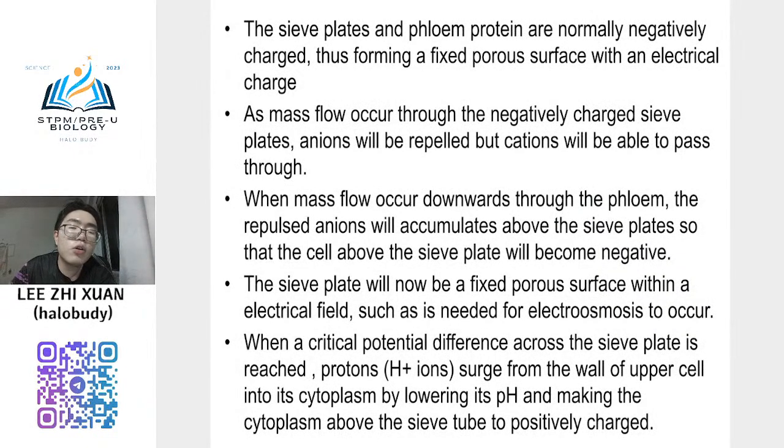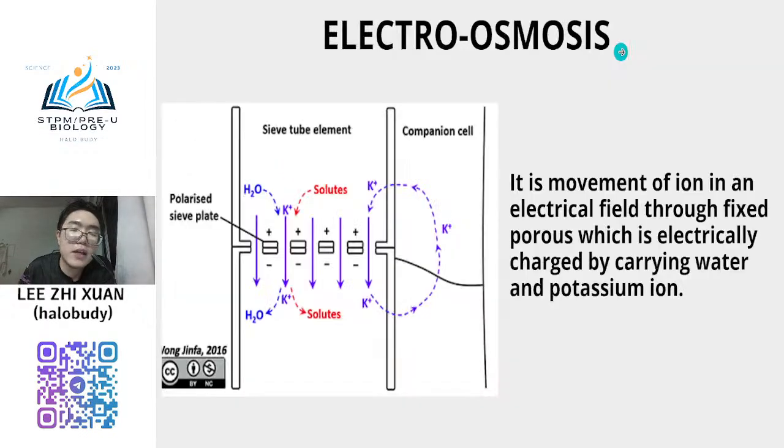Normally your sieve tube, sieve plate and phloem protein are negatively charged, thus forming a fixed porous surface with an electrical charge.